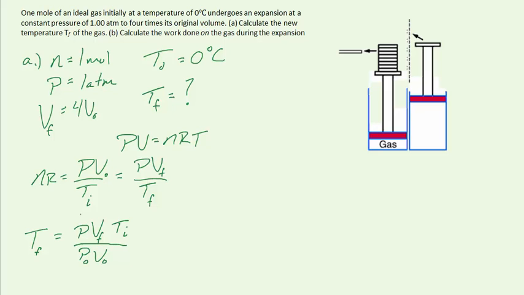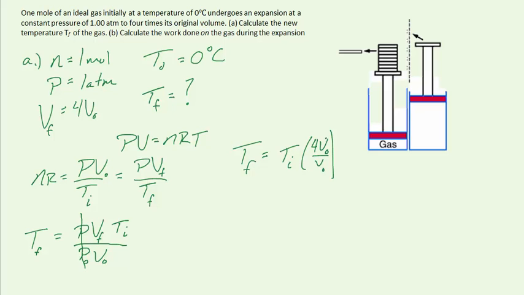And so since our pressures remain the same, we're left with the equation that our final temperature is equal to our final volume multiplied by our initial temperature divided by our initial volume. So we can write that our initial temperature multiplied by our final volume, which was 4 times our initial volume, divided by our initial volume.